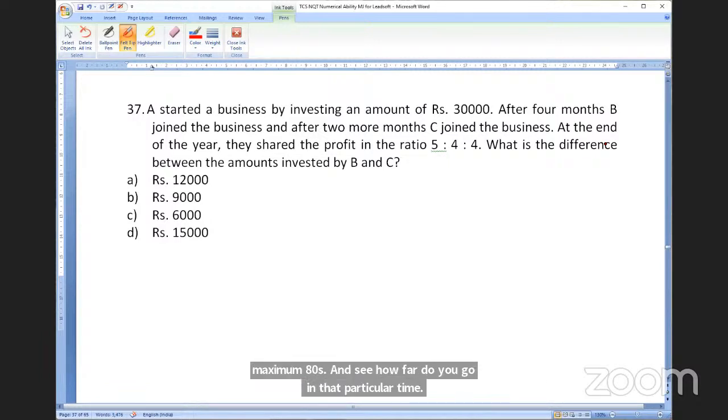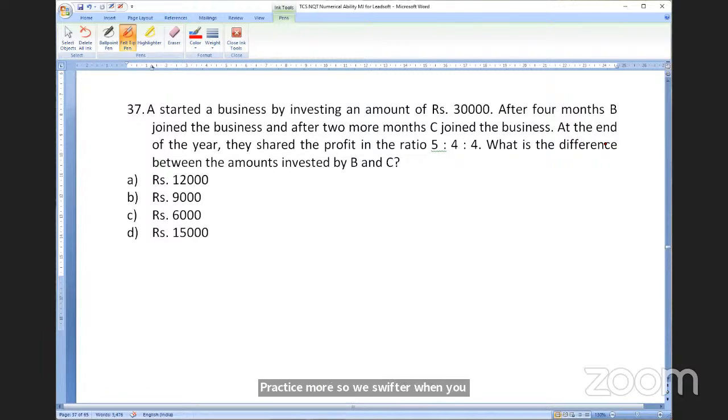Practice more to be swifter when you are actually doing this sum. 30 more seconds. Please try. We are waiting for your answers.